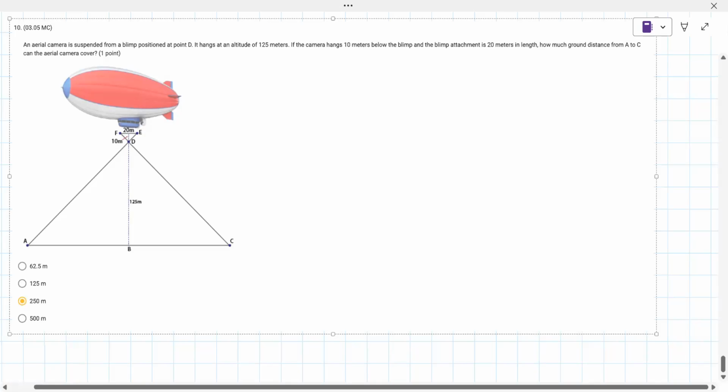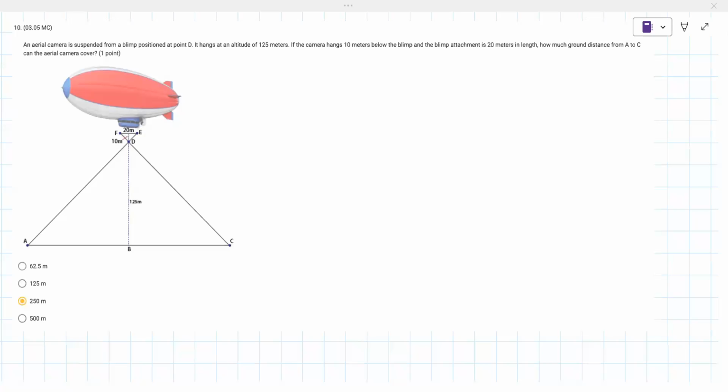So I found the ratio between the 125 and 10, 125 divided by 10, and I got 12.5. Then I multiplied that by 20, and I got 250. Good. That sounds correct. They're in proportion, so you got it. I was a little stunned at first, then I figured out that you have to find the ratio between the two sides.